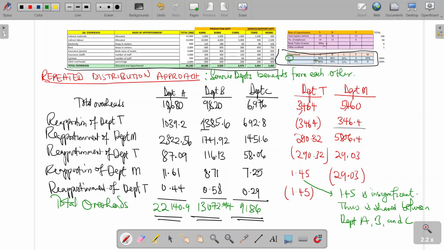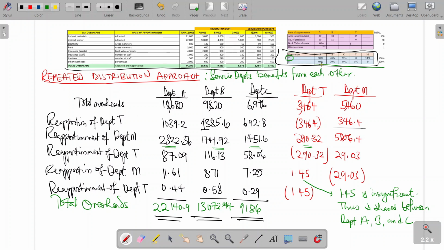Then we use these proportions to share: 40%, 30%, 25%, and 5% respectively for A, B, C, and T. So when we multiply by 5806.4, we are going to get these particular numbers.